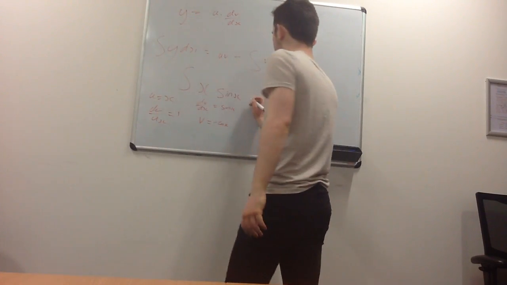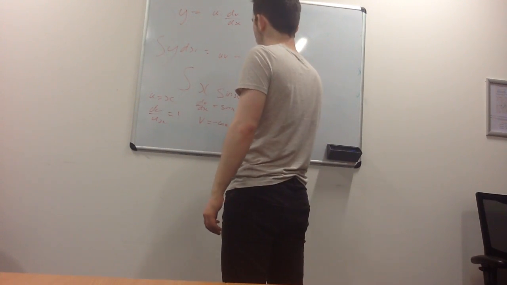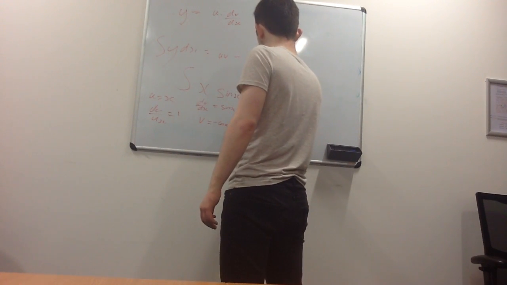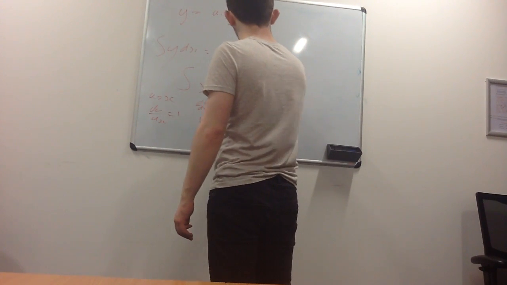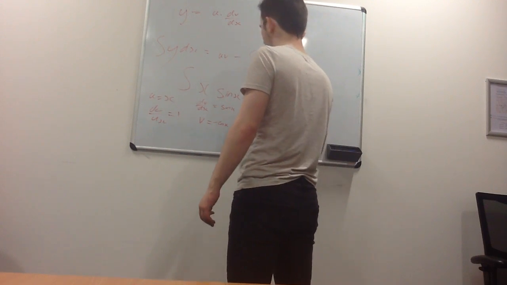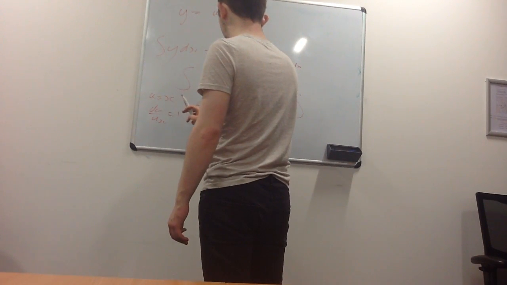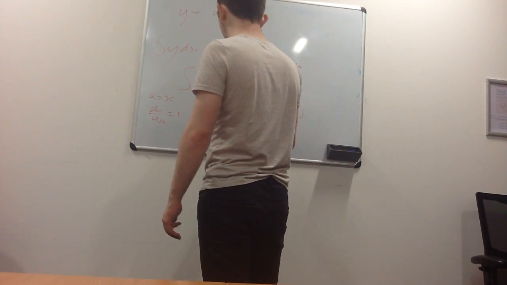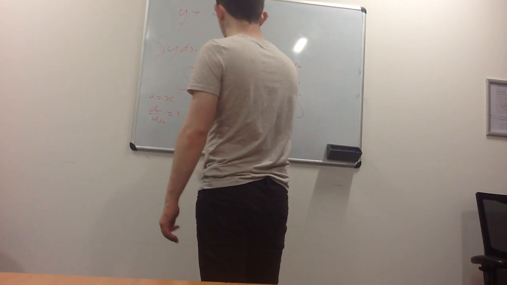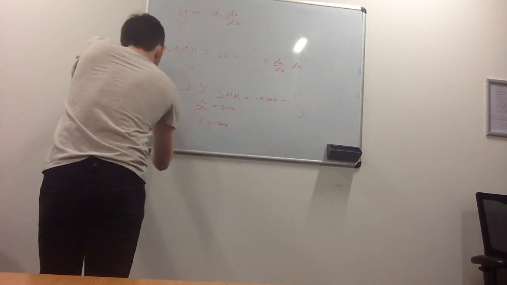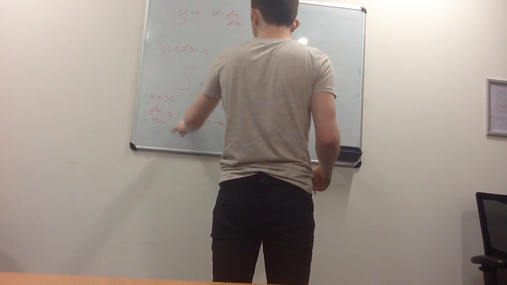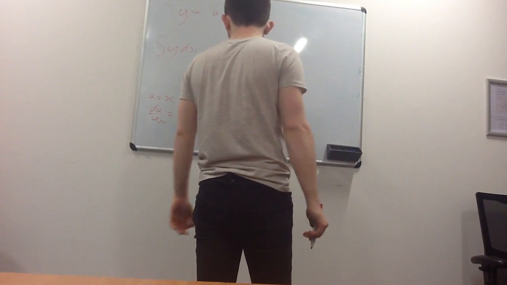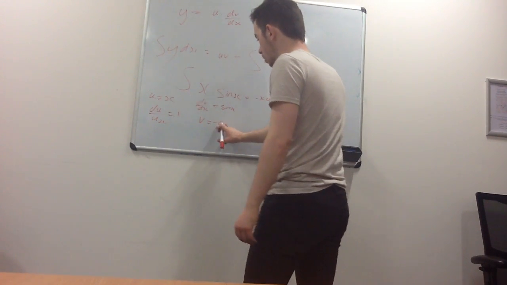Okay, so we've got all we need, and we just solve this. So u times v would be minus x cos x, minus the integral of v. Sorry, that really does not look like a v. Minus the integral of v du, which is just minus cos x.